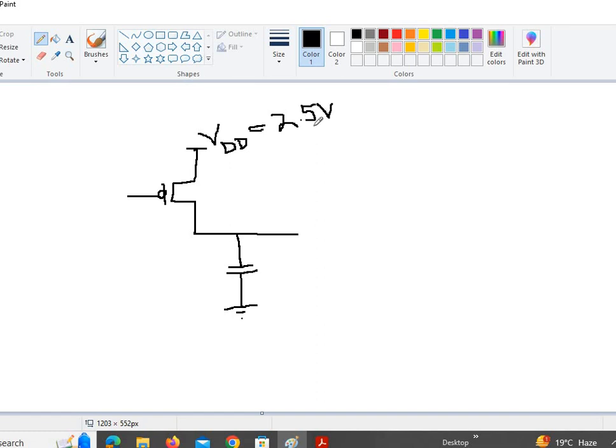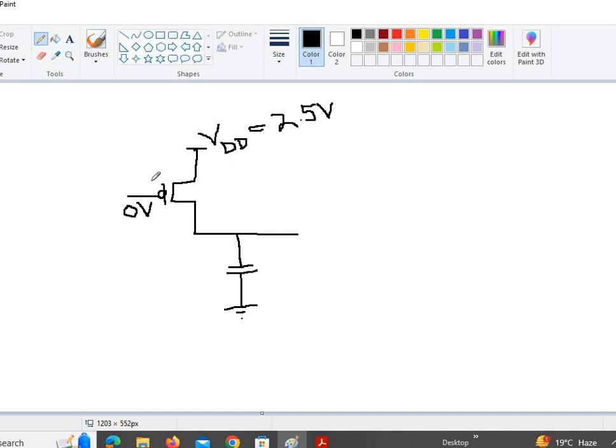And pardon my drawing, it is not that great, especially since I'm working on MS Paint. So this PMOS transistor would start conducting if the input is low. So assume that the input is connected to ground, or assume that the input is 0 volts. Similarly, our output is over here.